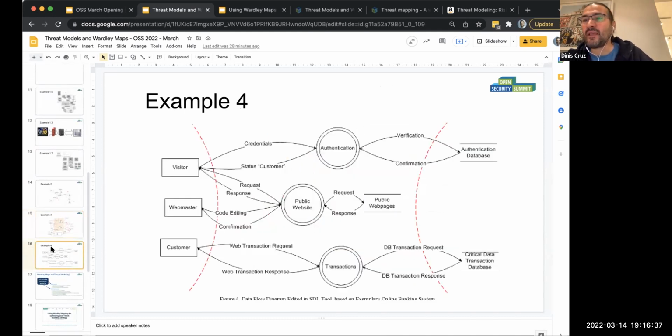But it's the same thing, right? You take this, and by the way, I'm not saying that Wardley maps replace STRIDE or whatever methodology you're using. I think whatever methodology you're using to create a first list of risks and issues and areas to focus on is great. The question is, which ones matter?